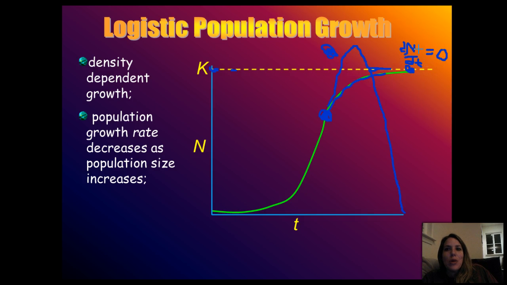It's stable. So the growth rate, the number of individuals you add per unit time, is unchanging. It's 0. Up here, above K, I'm going to have negative population growth because there's not enough resources to go around, so the population will decrease. Below K, I have positive population growth because there's more than enough resources to go around.